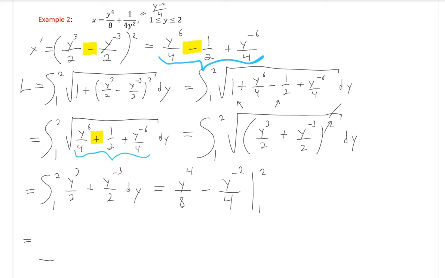If we plug in those bounds, we get 2 to the 4th. That's 16 over 8, otherwise known as 2. Minus y to the negative 2, or if I even want to rewrite this as 1 over 4y squared. 2 here will give me minus 1 over 16. Minus, if I plug in 1, I get 1/8 minus 1/4.